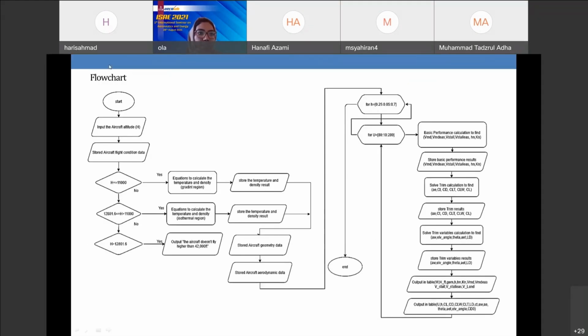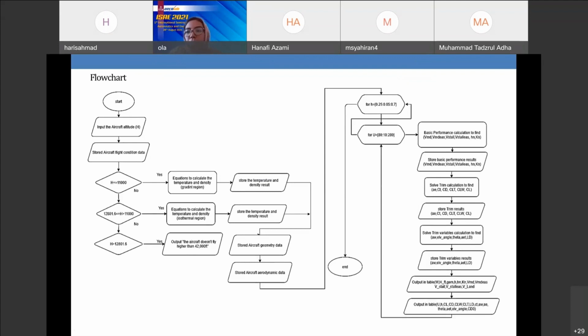As we see here, this is the flow chart that shows us how the MATLAB code works. First, the user inputs the altitude of the flight. Then, depending on which region, gradient or isothermal, it calculates the temperature and density.